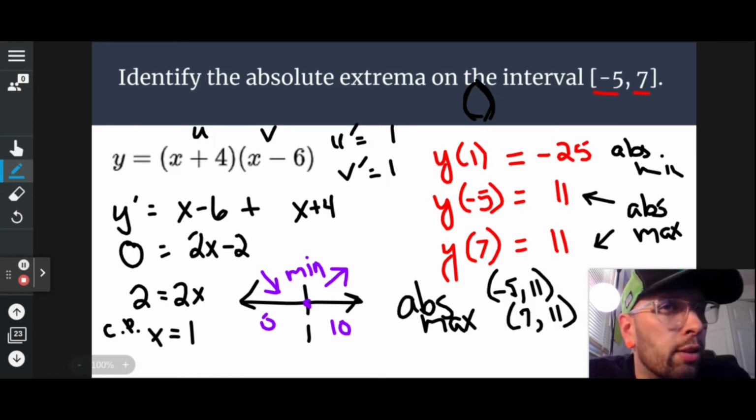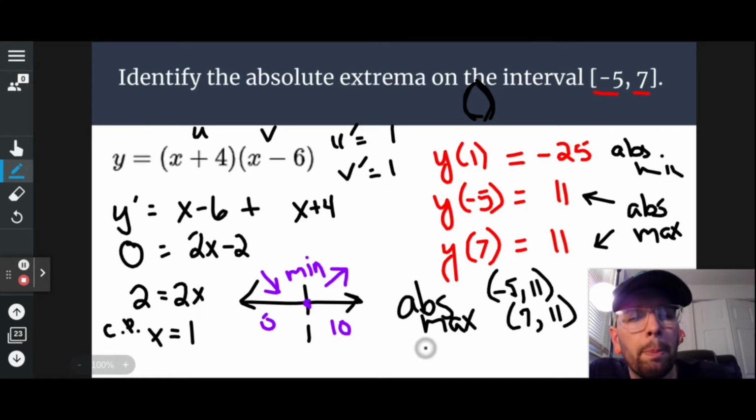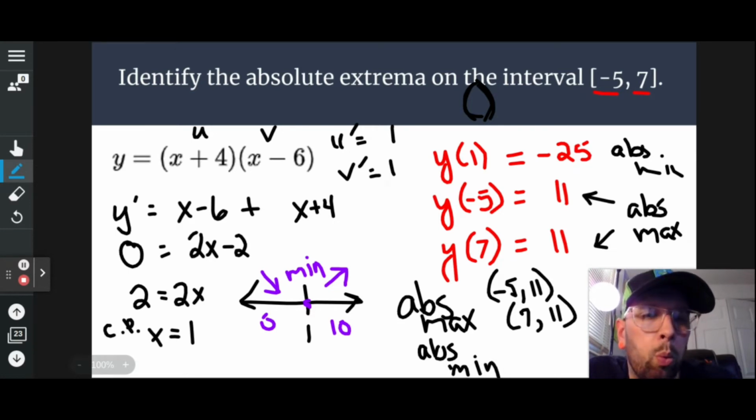How convenient. And my absolute minimum is going to be, what was it? 1, negative 25.